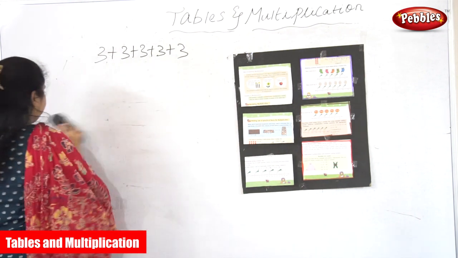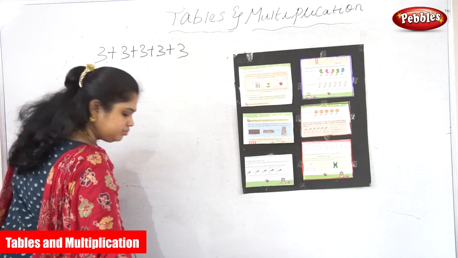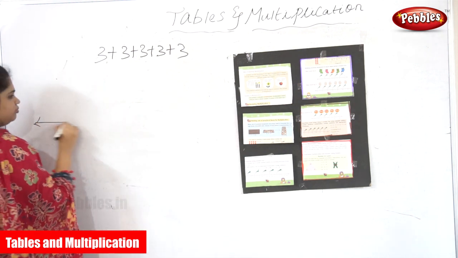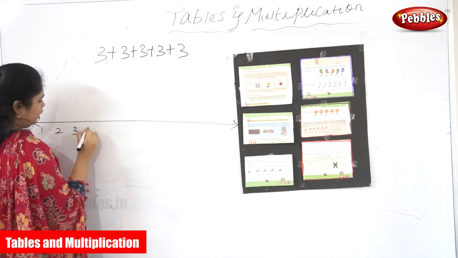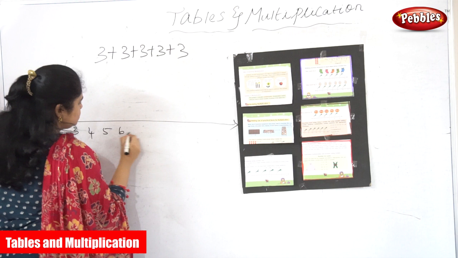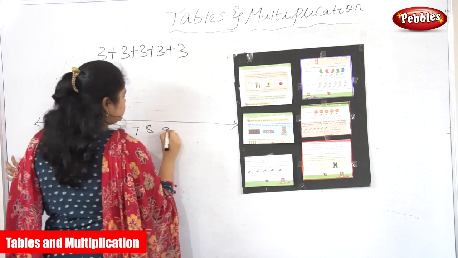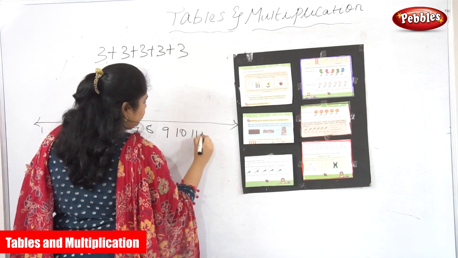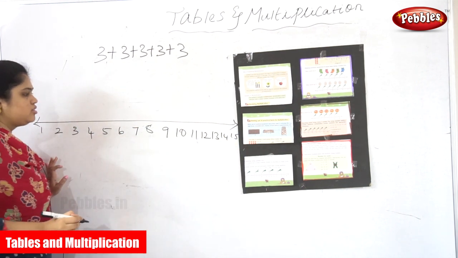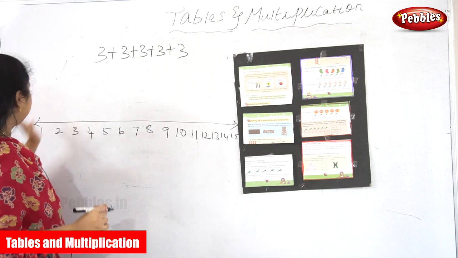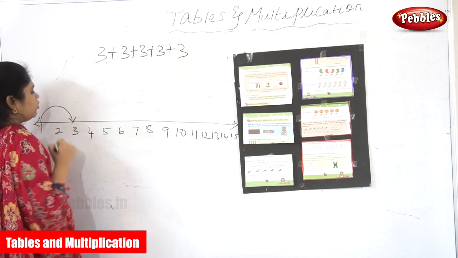I'm just writing the steps. 1 2 3 4 5 6 7 8 9 10 11 12 13 14 and 15. Now calculate. This is a 3, isn't it? 1 2 3.